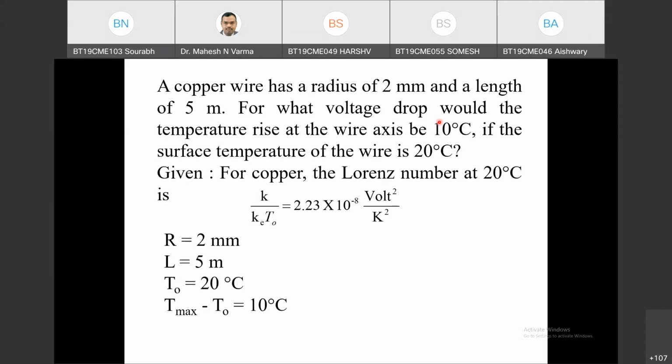So R equals 2 centimeter, length equals 5 meter.